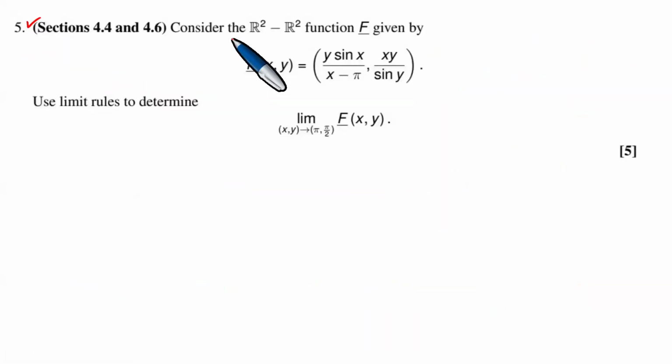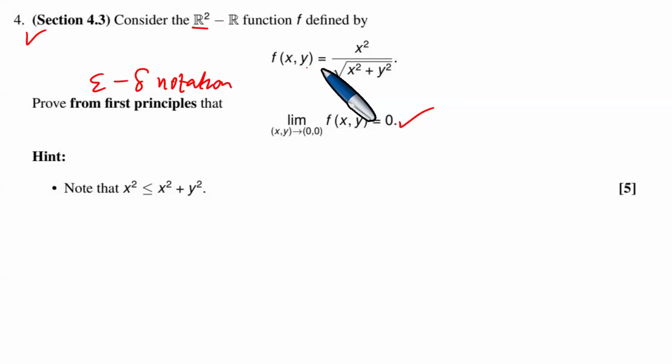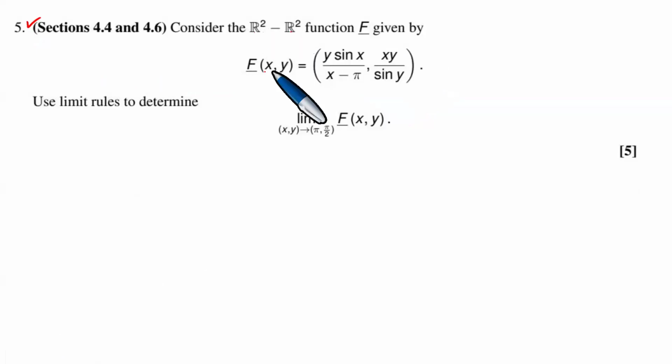In question 5, you consider the R2 to R2 function. This is very interesting. This one was an R2 to R because it takes a pair to a number. Now here, this one is R2 to R2, so it takes ordered pairs to ordered pairs. You see, the output is an ordered pair, but also the argument is an ordered pair x and y. So yeah, R2 to R2.